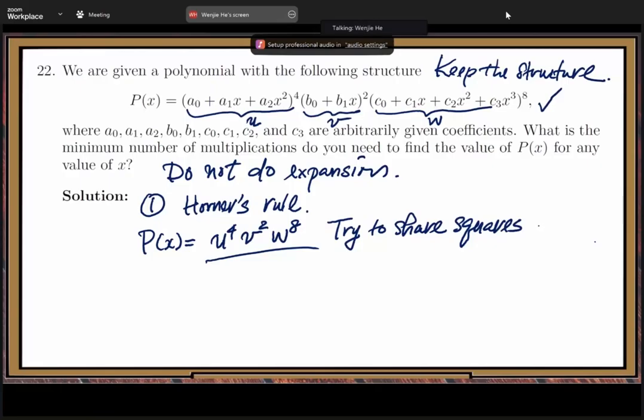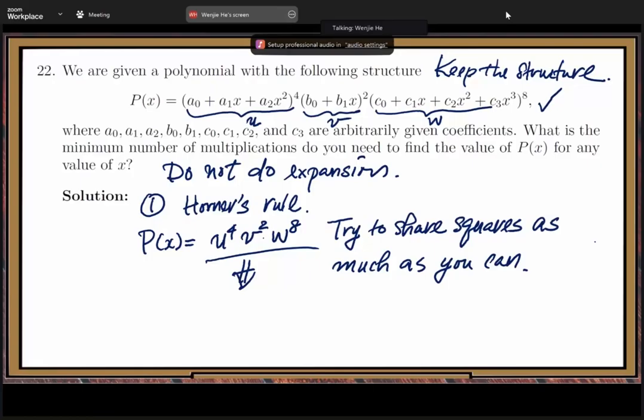Share squares as much as you can. Can you share the squares? For example, I show you one step of sharing squares.